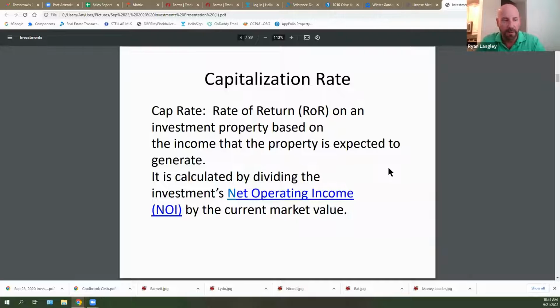So if you pay $120,000 for a piece of property that nets $12,000 a year, the net operating income is $12,000 a year, then that, guys, is a 10% return. You paid 120, it brings in 12. That's a 10% cap rate. That's just a very basic one, but we'll get into a little more detail.